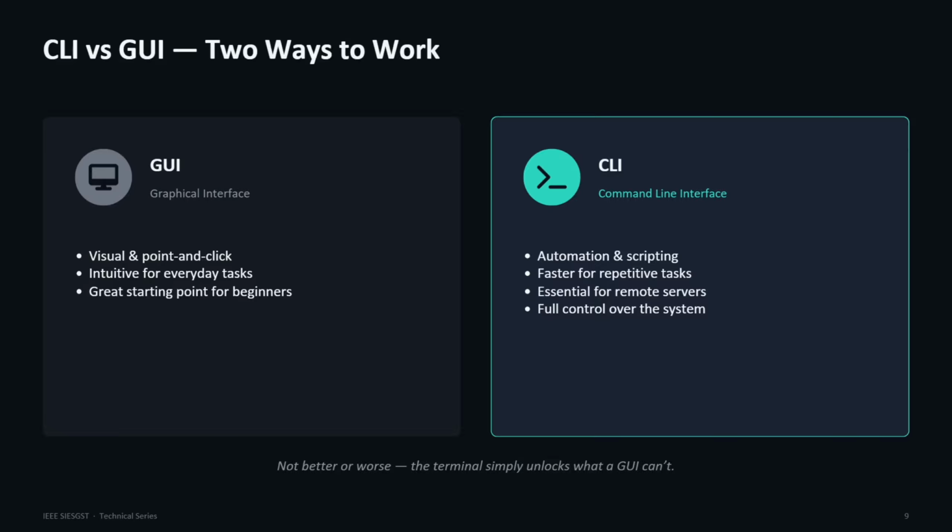And it gives you full control over the system in a way clicking menus never fully can. So the honest takeaway here: it's not that one is better and the other is not. The terminal simply unlocks things a GUI can't, especially once you start automating things or working on remote machines. That's exactly why we are spending this whole series in the terminal.